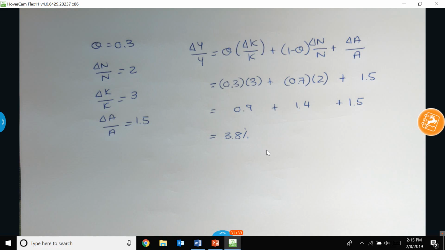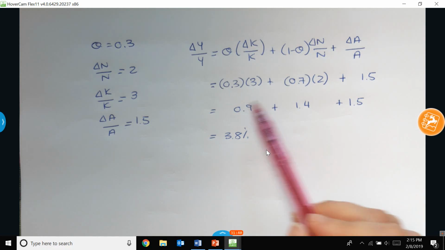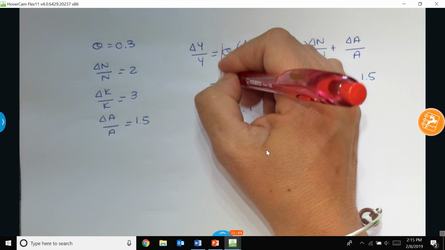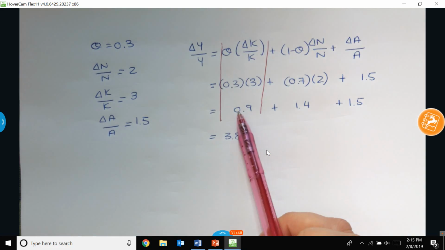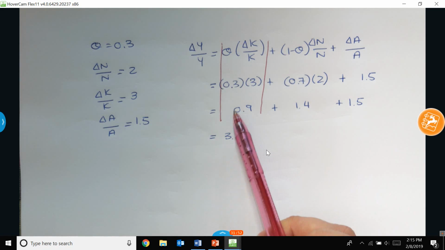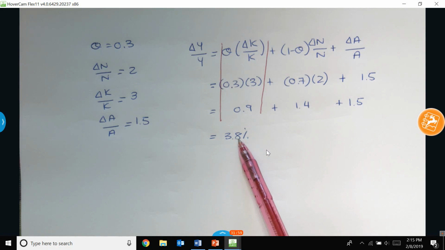Okay. Now, what you should notice is that we can see quite clearly what the different components were contributing to total output growth. Capital contributed 0.9 of this 3.8%. So 0.9% of the 3.8% growth in total output was contributed by the growth in capital stock.